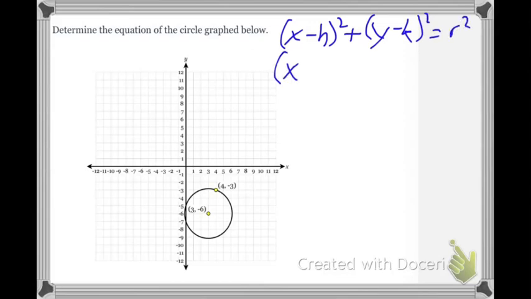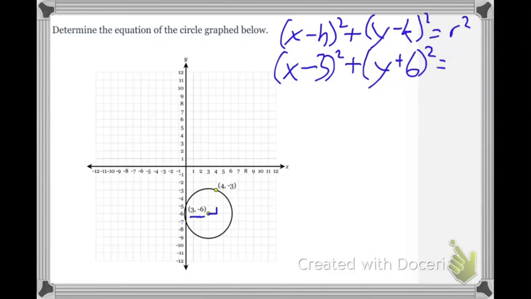So x minus h, h is the x value of the center, which is 3, so minus 3 squared, plus y minus k, k is the y value, which is -6. So minus negative makes this a +6 squared equals, and now I have to figure out what r squared is.